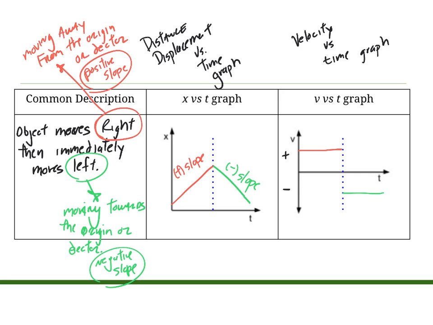So here's a representation of my positive velocity. And here's a representation of my negative velocity. And so that's how we translate distance or displacement versus time graphs to velocity versus time graphs.